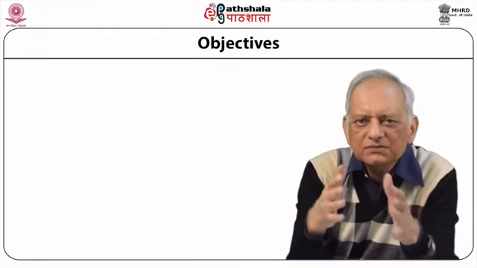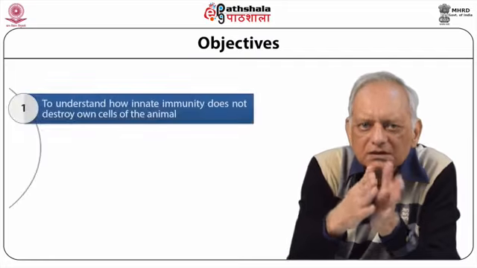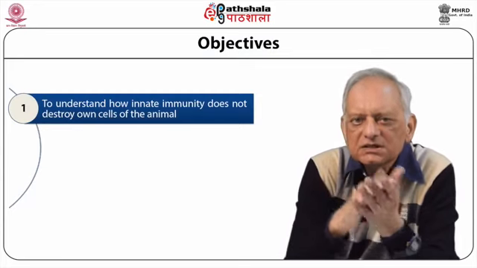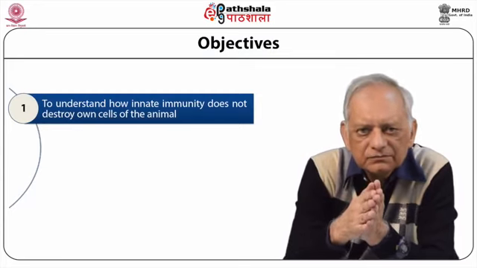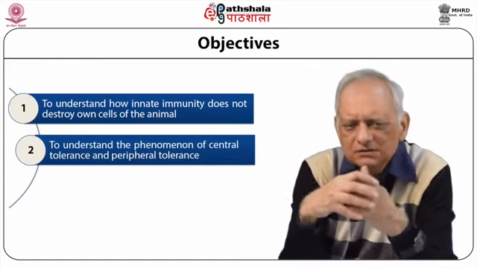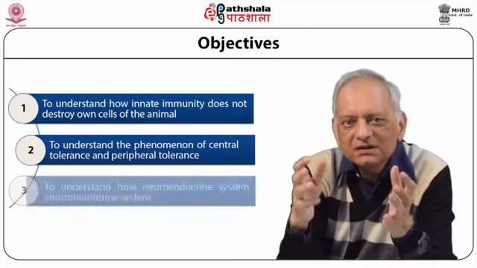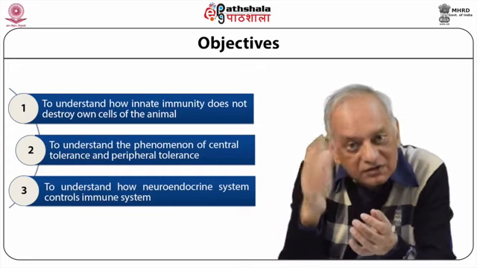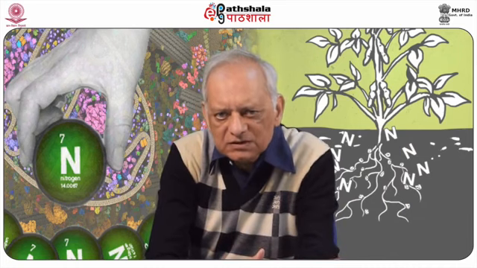So the objectives of this module are to understand how innate immunity does not destroy own cells of the animal, to understand the phenomenon of central tolerance and peripheral tolerance, and finally, to understand how the neuroendocrine system controls the immune system. It means that the concepts basically involved are that tolerance involves phagocytes and the two kinds of lymphocytes.